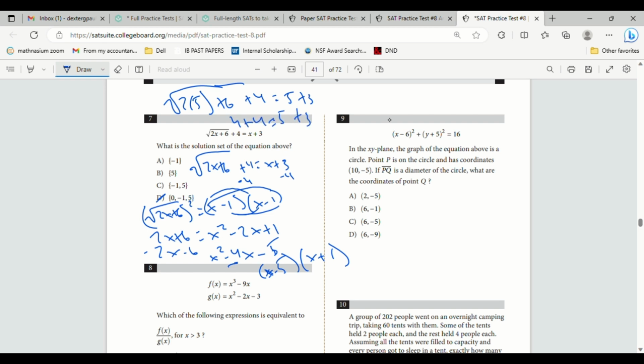So it can't be A. So we know that 5 works, but does negative 1 work? Well, plugging in negative 1, we get square root of 2 times negative 1 plus 6, plus 4 equals negative 1 plus 3. So this is negative 2 plus 6 is 4, square root of 4 is 2, plus 4 does not equal negative 1 plus 3. 6 does not equal 2, so 7 is B.